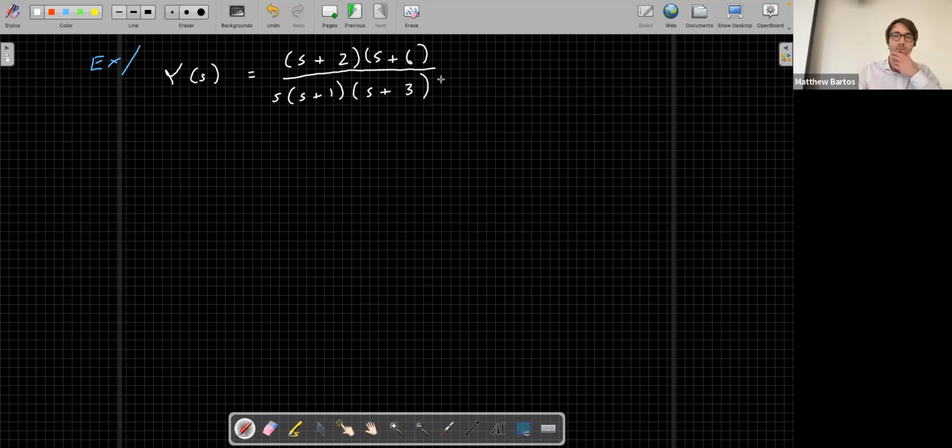Okay, and we know from partial fraction expansion that this can be written as a linear combination of its poles. So we can write this as C1 over s plus C2 over s plus 1 plus C3 over s plus 3. Note that these three terms are just the roots of the denominator.